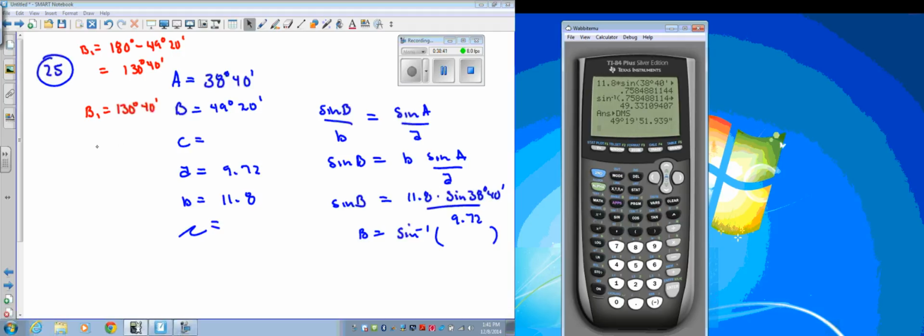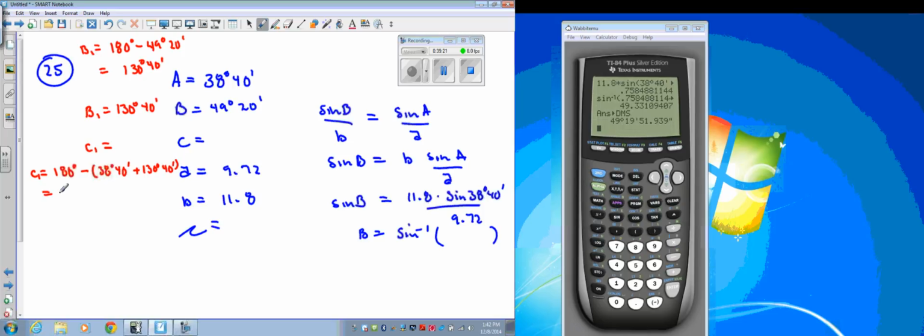Now, there's going to be a C and a C1. And we get them both in the same way. C1, if it exists, there's 180 degrees in the triangle minus the sum of this angle and this angle. 38 degrees, 40 minutes, plus 130 degrees, 40 minutes.